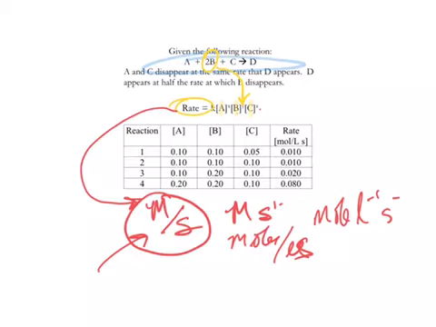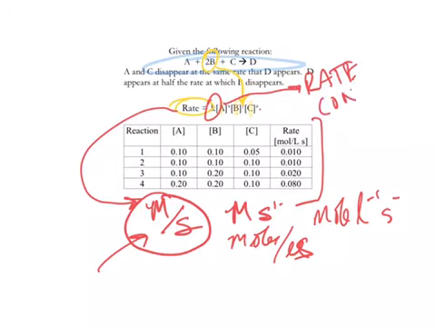Now, what we're going to try and figure out, based upon this data, is whether these concentrations affect the rate. So here's what you've got. This K in here is your rate constant. Depending upon what happens over here with the concentration of A, B, and C, your value of K can have different values.